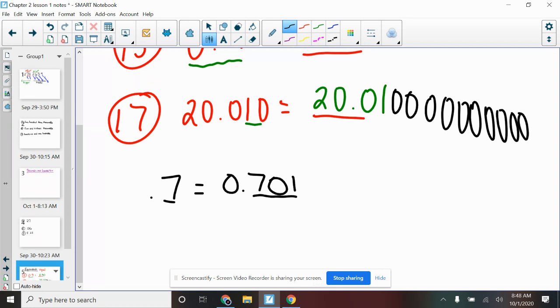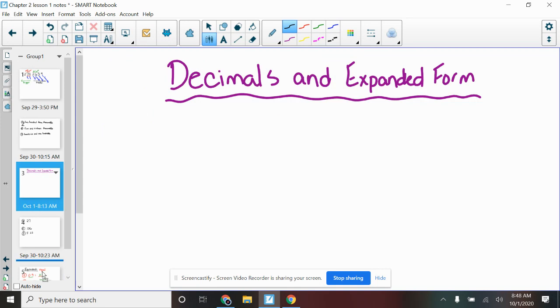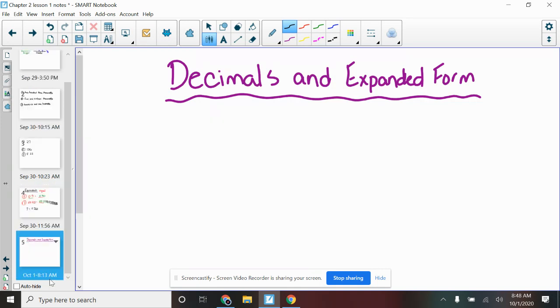So we're ready to move to what lesson 2 is all about. And lesson 2 is about writing decimals in expanded form. Okay, so decimals in expanded form. Now, if we were to follow the book, it is going to make this very confusing. So we are going to make it not confusing and not really teach it how the book wants me to teach it. Okay?